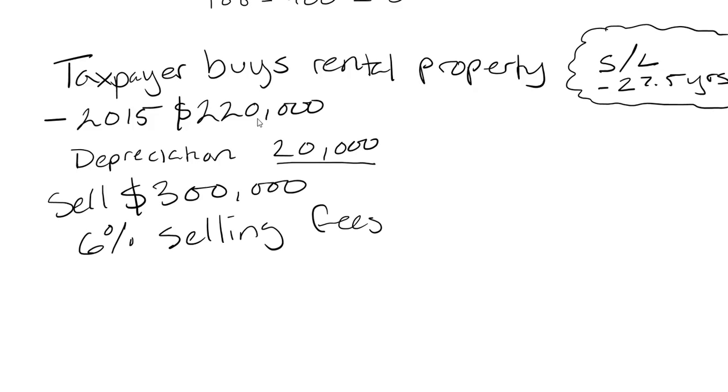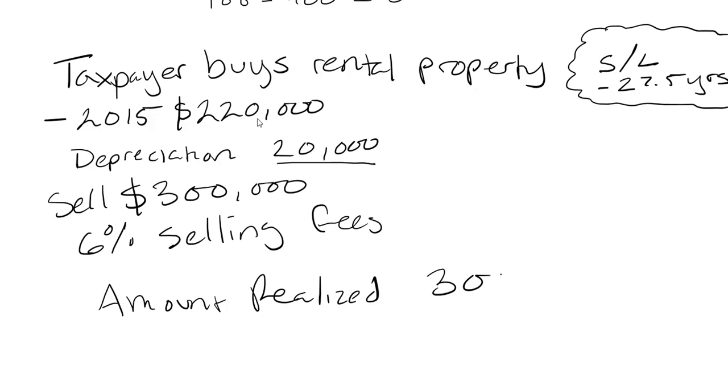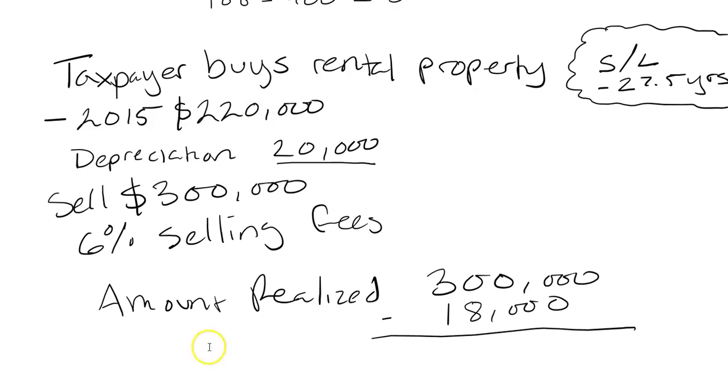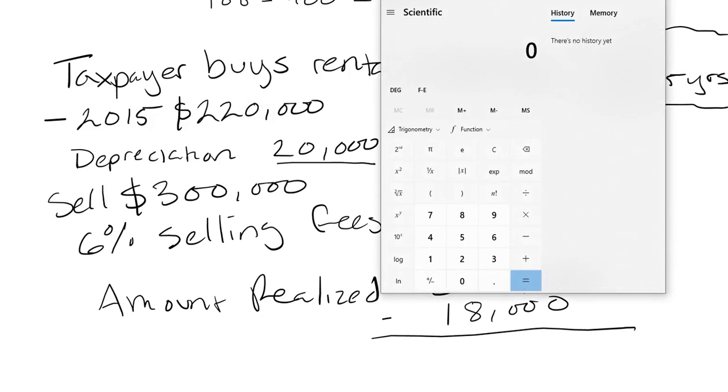So the first number we need is going to be that amount realized. Amount realized is going to be the money they receive, which is that $300K, minus any selling fees. So 6% of 300,000 is 18,000. All right, so they subtract out that 18 from the 300,000.